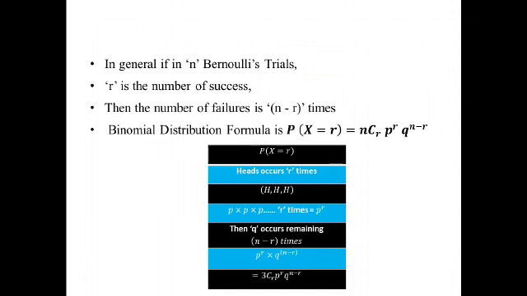If there are n Bernoulli's trials with x number of successes, then the remaining n minus x have to be the number of failures. Now if you denote the number of successes by R, looking at this column here, P of x equal to R, where R denotes the number of successes.